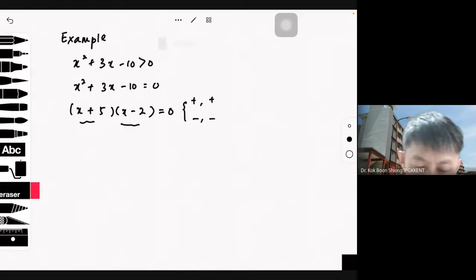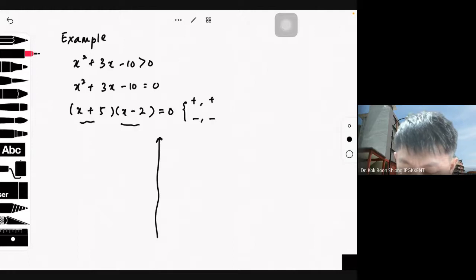Then we draw the graph. How does the graph look when a is larger than 0? This is the graph method. We mark the x axis and y axis.